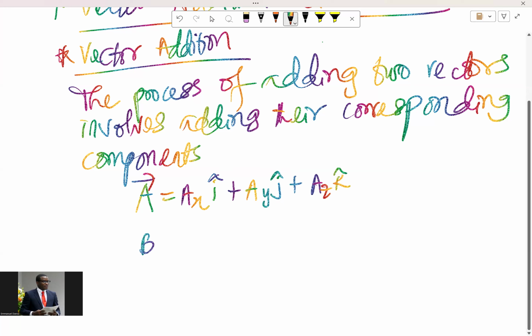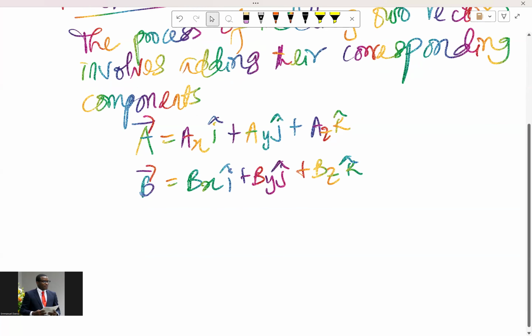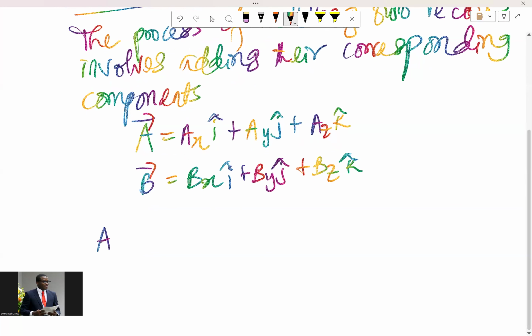And then you have B to be BX i plus BY j plus BZ k. So if you're talking about addition, it means that A plus B will simply be adding the corresponding components of i, j, and k.